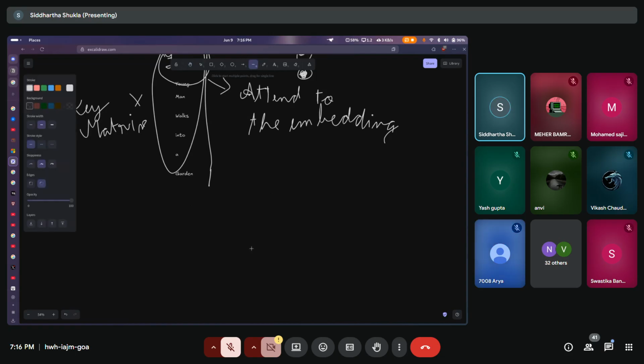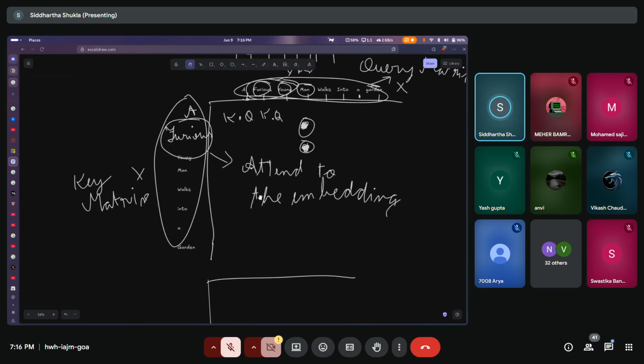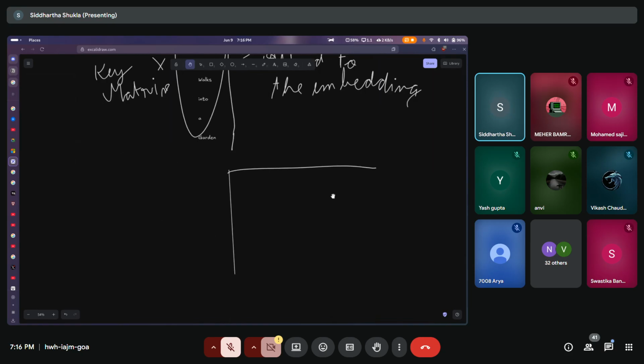We also have something like cross attention. In self-attention, you had the same tokens for the key and query part, but in a cross attention block, the query is in one language.